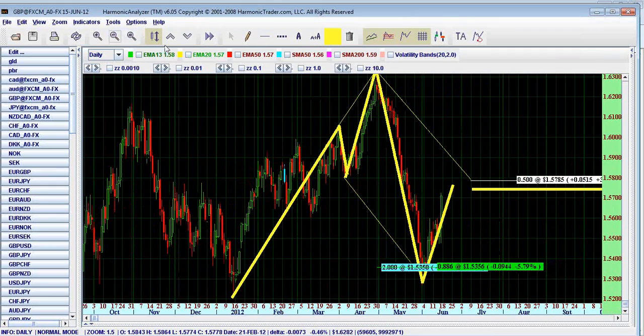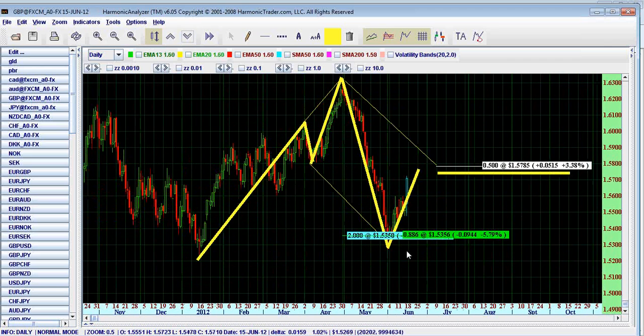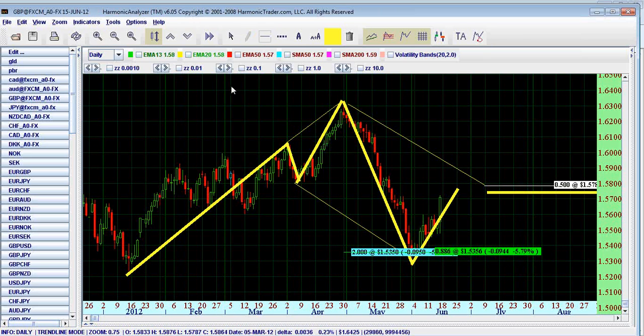It's typically an impulsive structure that is an extreme corrective, counter-corrective move that seeks to capitalize off of the first test of a .886. So in this case, this shark pattern possessed all the elements that set up and validate the structure. We have this long extended move, which is the typical formation and initial starting point for a 5-0 pattern.